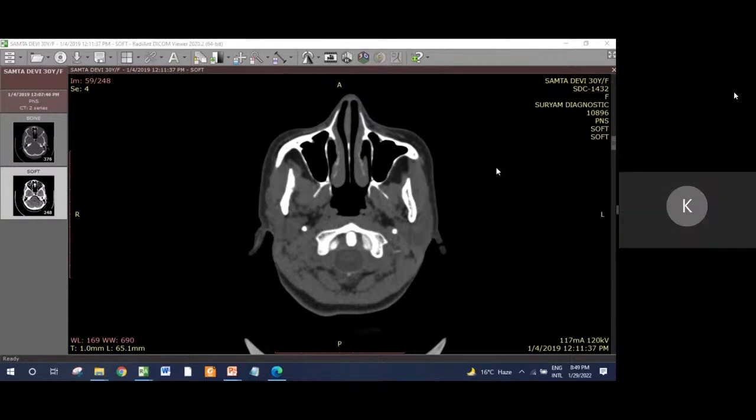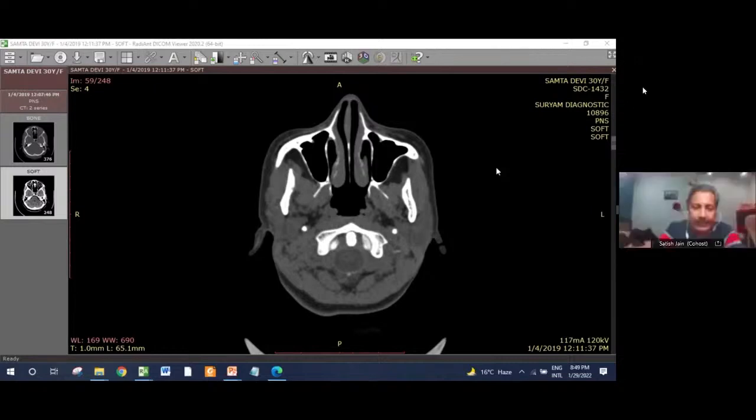I'm asking, sir, what are the various other indications like CT with contrast, or what are the particular contrast sequences which we order in special sequences of CTs? Yes, madam, your point is valid. For the CT scan, the use of CT scan in the paranasal sinuses is limited to giving you bony details.